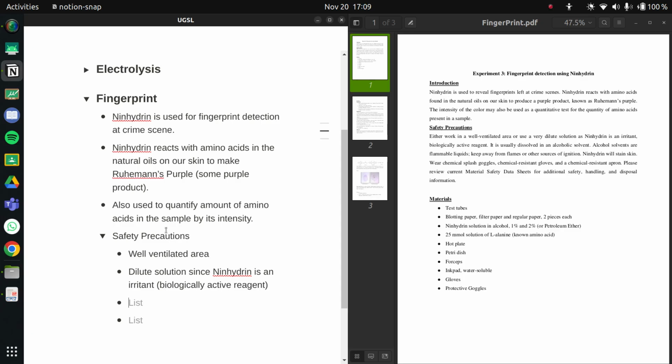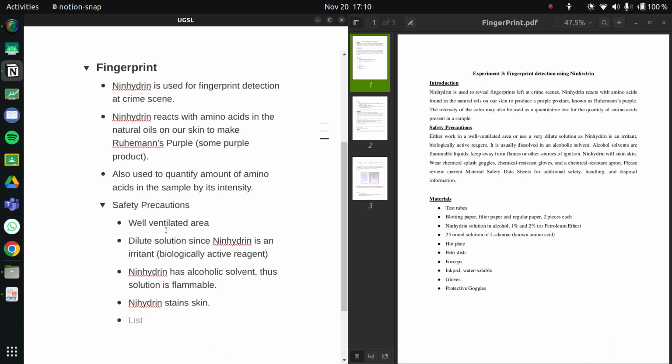Will stain skin. So basically just keep it away from your skin as much as possible.